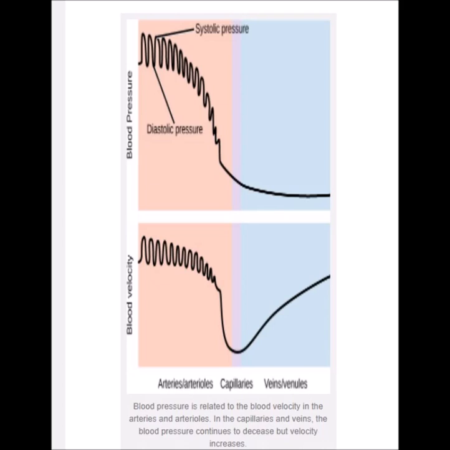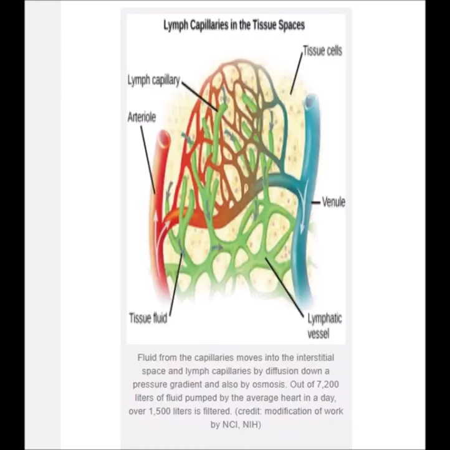And according to the law of continuity, fluid should travel faster through a narrower diameter tube. The rate is actually slower due to the overall diameter of all the combined capillaries being far greater than the diameter of the individual aorta.